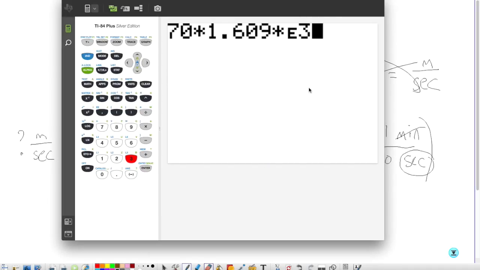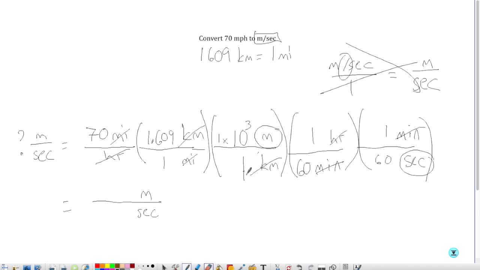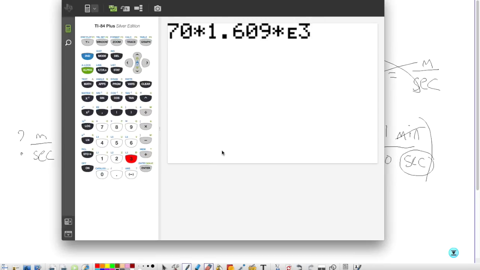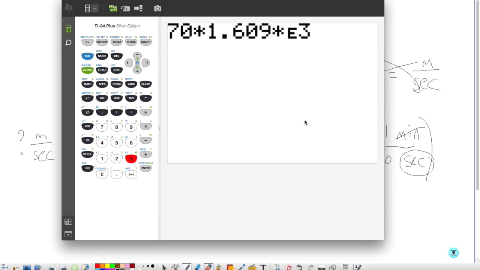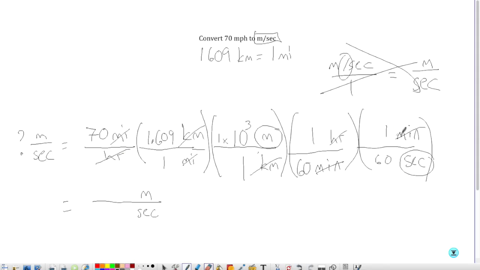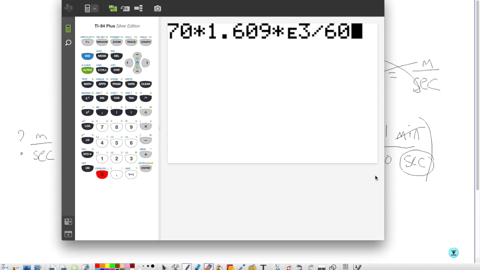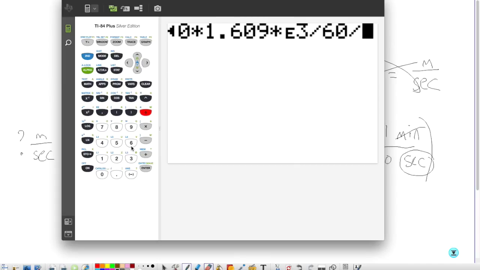Either way works, whatever is more comfortable for you, all right? Now, the next thing that I'm going to do is this is actually going to be division, right? So the next thing I'm going to do is divide by 60, and then this is also division, so I'm going to divide by 60 again.